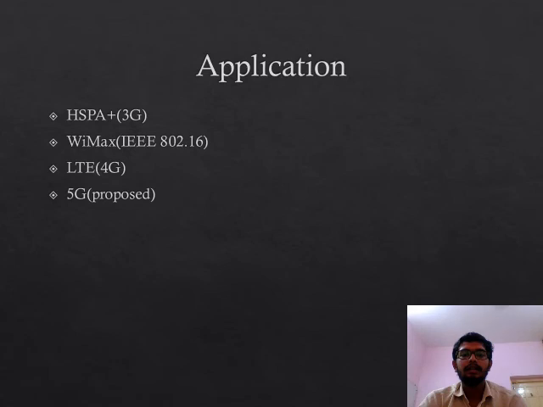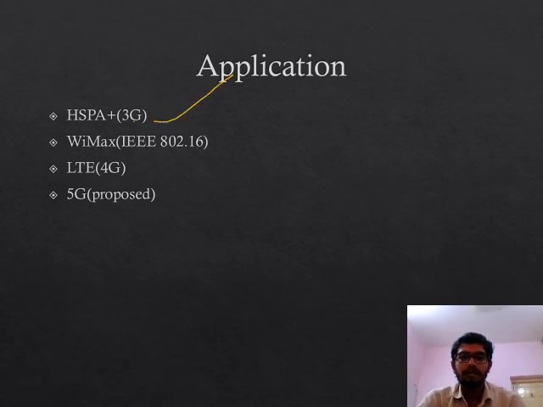The next slide is the application of MIMO. MIMO works with all types of networks to receive or transmit a signal from base station to mobile station, and third generation networking also uses it.